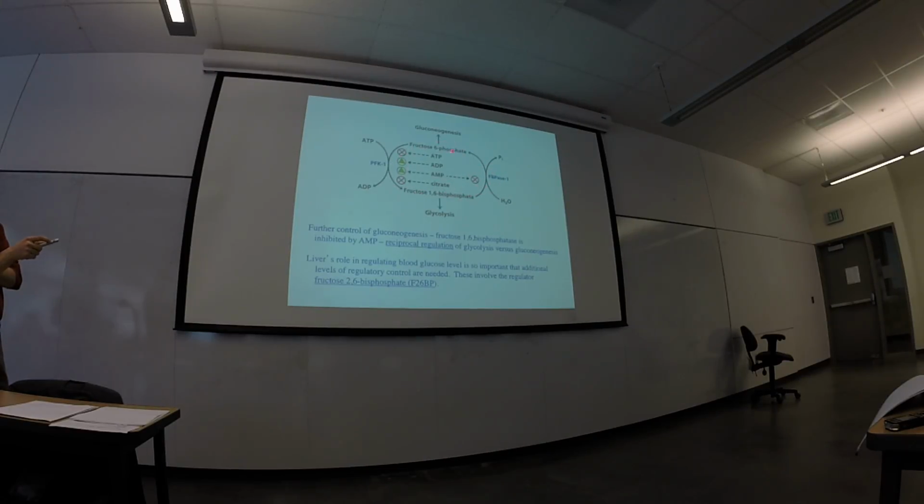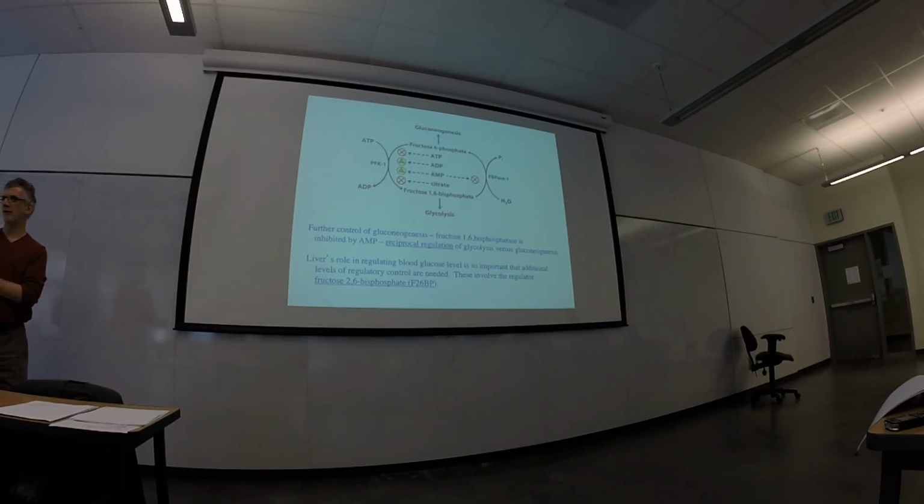These are the allosteric effectors that we talked about in the context of PFK1, where the low energy ones activated and the high energy ones inhibited. Here AMP is actually working on both of them. That's a neat case of the same effector either activating one side and inhibiting the other side. So that's a really effective way of making sure one enzyme is turned off and the other one's turned on.